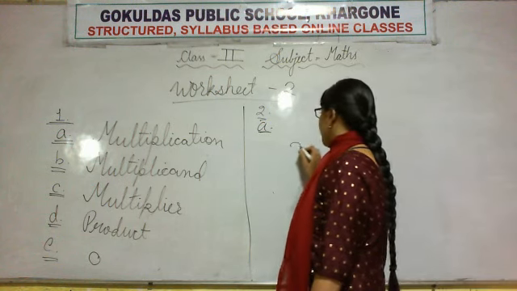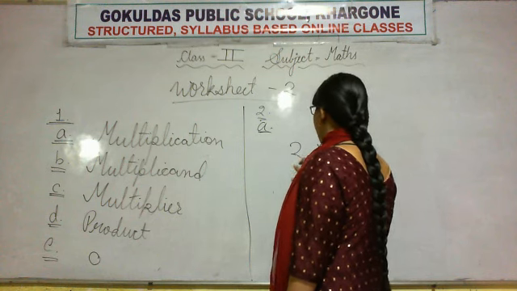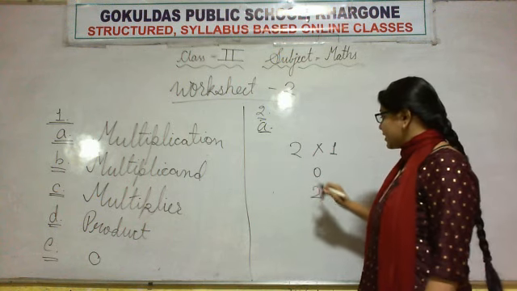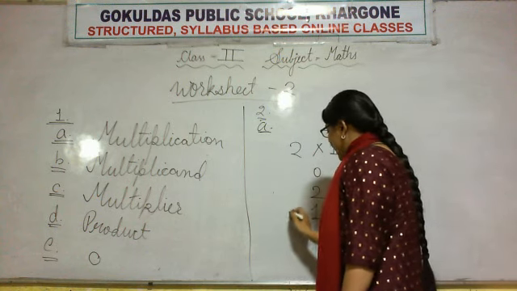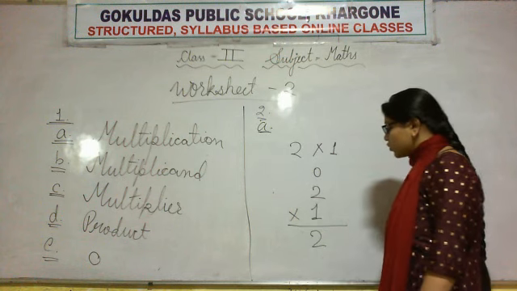So let's take an example of number 2. 2 multiplied by 1. The number 2 is a single digit number, only one digit, on the 1's place. So let's multiply it by 1. 1 into 2 is equal to 2.